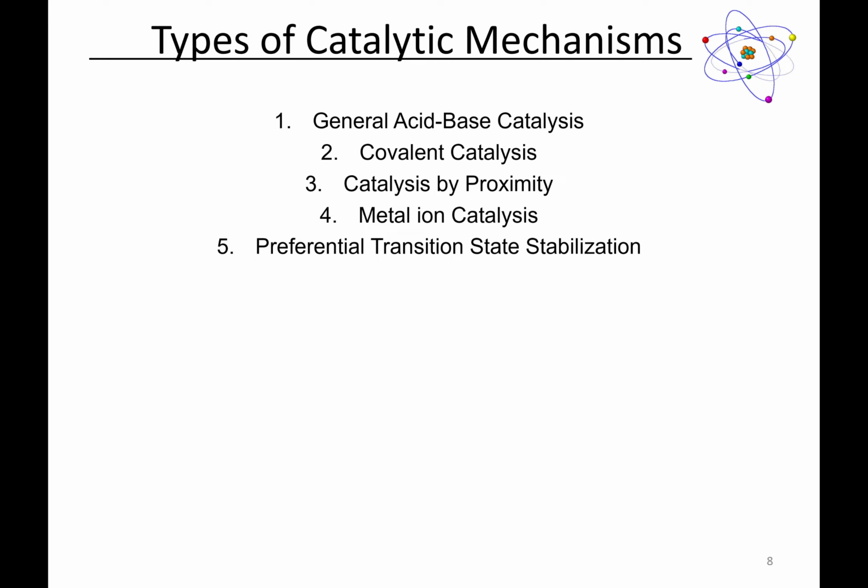So the fact that there's a covalent bond between the enzyme and the substrate means that this is an example of covalent catalysis. Catalysis by proximity. This is really important if we're dealing with an enzyme that catalyzes a reaction that involves two or more substrates, right? The idea is that for this reaction to happen, if two things need to bind together, or if two things need to come together for transfer of a molecule, transfer of a functional group, then they have to get close together, right?